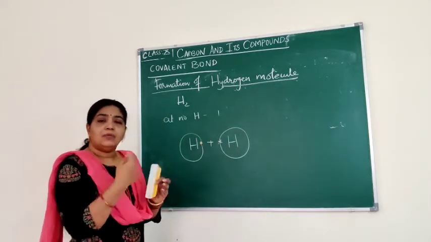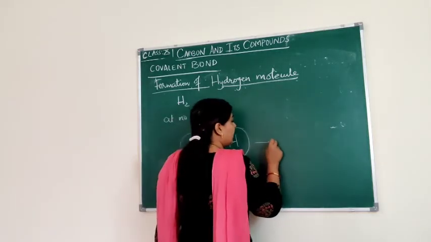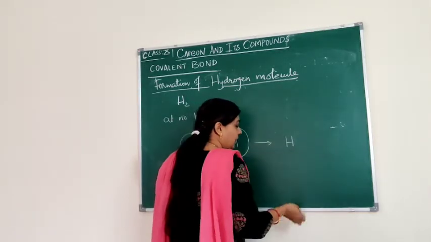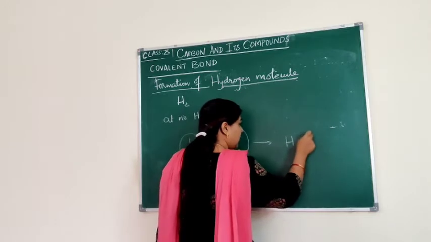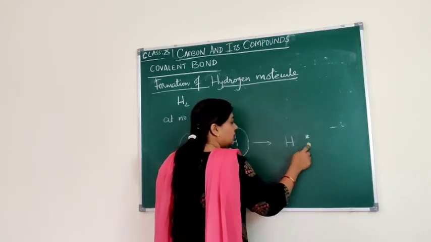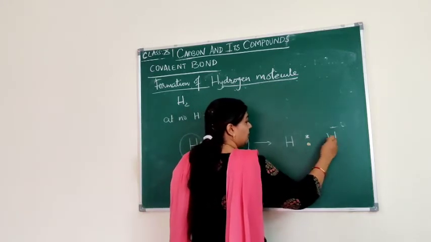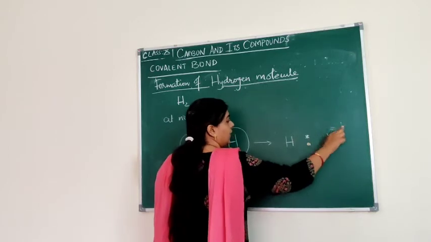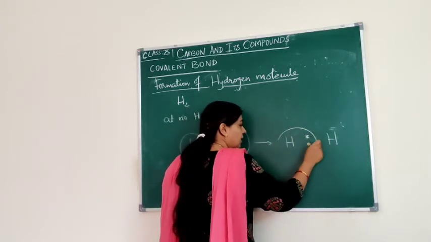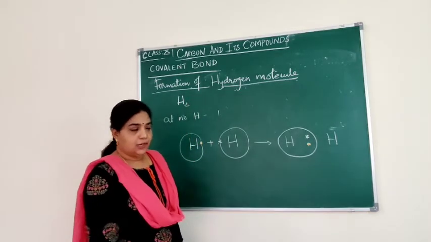Now both will share the electron. I will represent one electron like this, the other electron like this. This electron is of this hydrogen, and this one is of the other hydrogen. So they will share the electron.